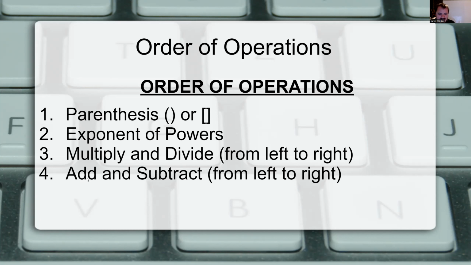And then next, you will add and subtract, once again, from left to right. So please excuse my dear Aunt Sally helps you to remember parentheses, exponents, multiply, divide, add, subtract. Do all those things in that order. When you do multiply and divide, which are on the same tier of importance, prioritize left to right. Add and subtract, same tier, prioritize left to right. Okay, so that's how we do the order of operations.